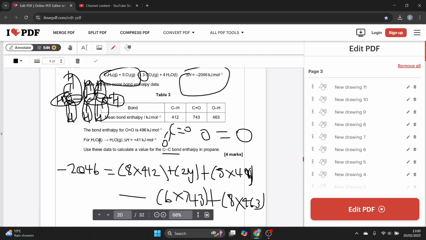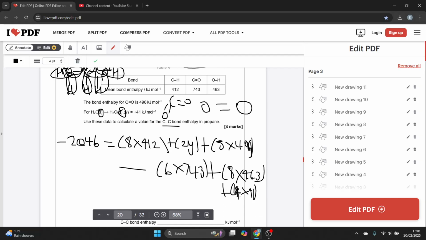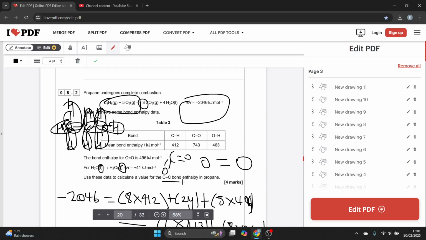And I also know to go from liquid to gaseous is also 41, so plus 8 times by 41. Actually, no, it's not. It's going to be 4. 4 times by 41.